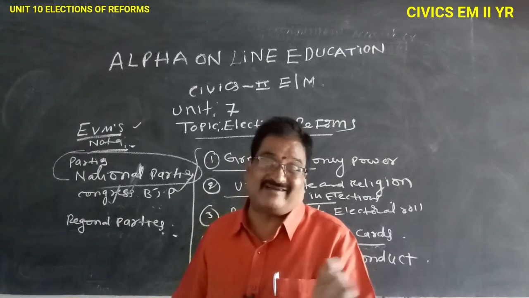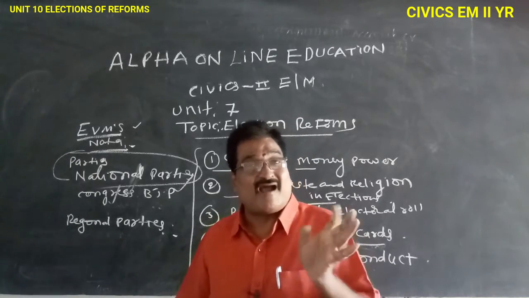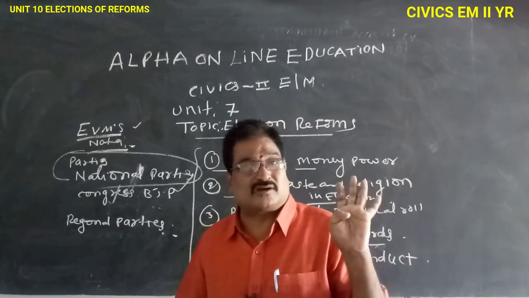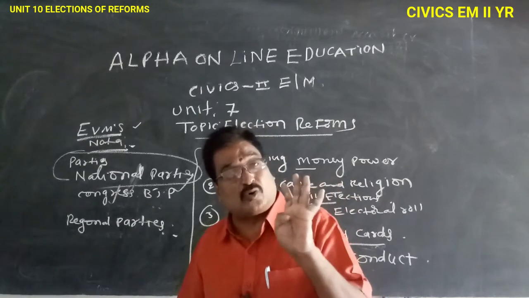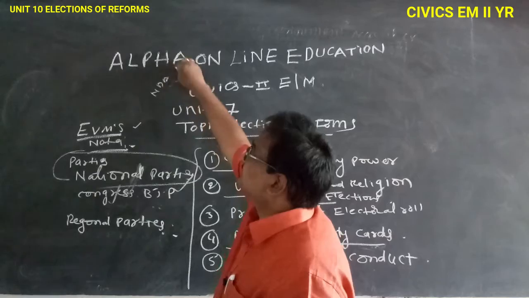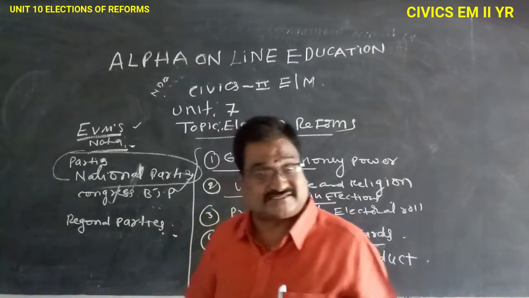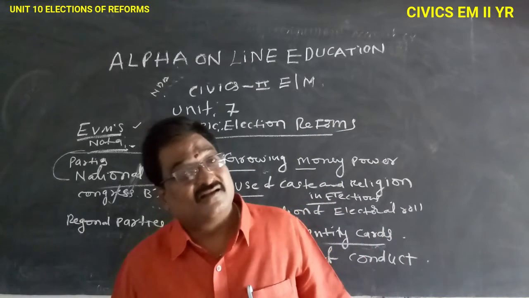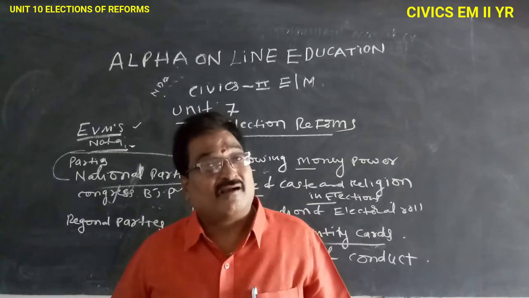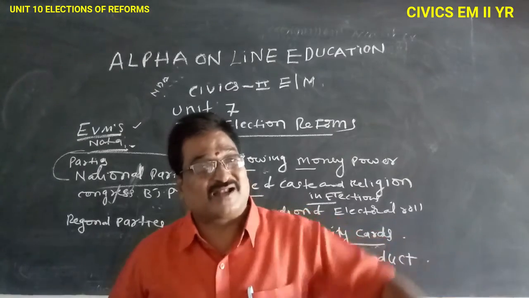So at present in India, there are two alliances. One is NDA and another is UPA. National Democratic Alliance, and UPA, United Progressive Alliance. In the NDA side, the Bharatiya Janata Party is the biggest party. It takes the support of small regional parties.